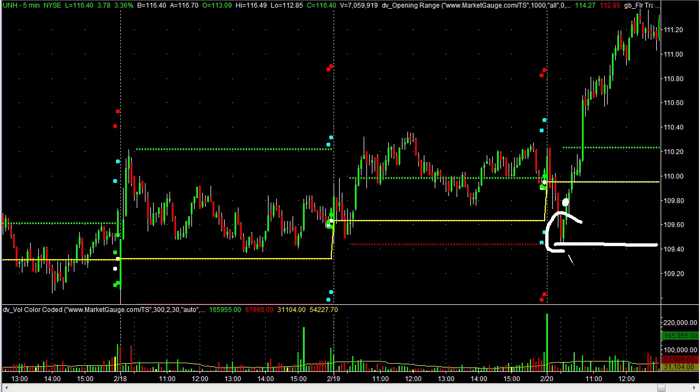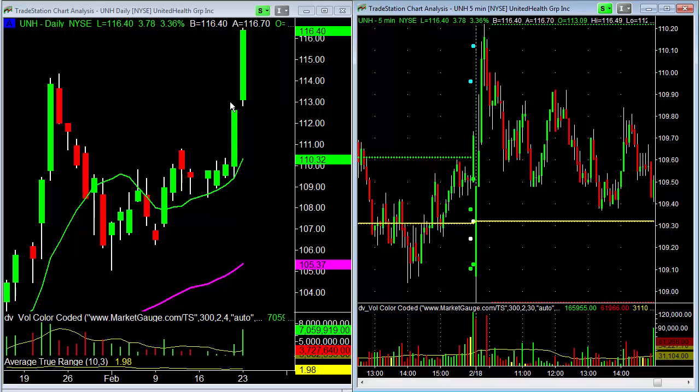My initial stop could be right below this low, or as I pointed out, half and then another half lower, depending on how you want to play it. I don't know going into this, and I never really pretend to know where it's going to go. I don't know that it's going to have the biggest day in a month, and I don't know that it's going to have an even bigger day today.